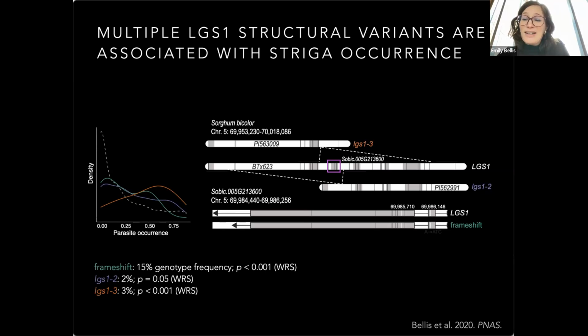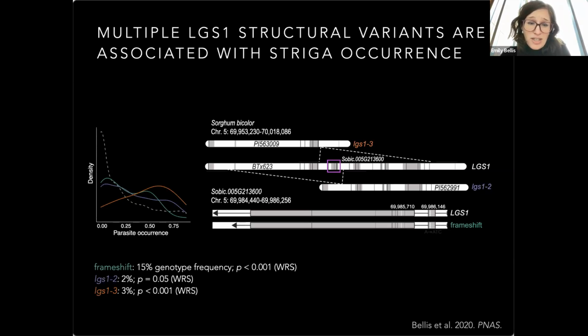Another reason is that a lot of the variation at that locus is structural. So if we use normal SNP-based approaches, we will lose information about sites where we just don't have a call, because those are large loss of function. Several of the loss of function variants are quite large.